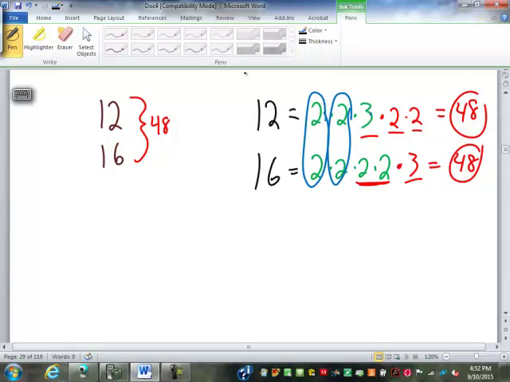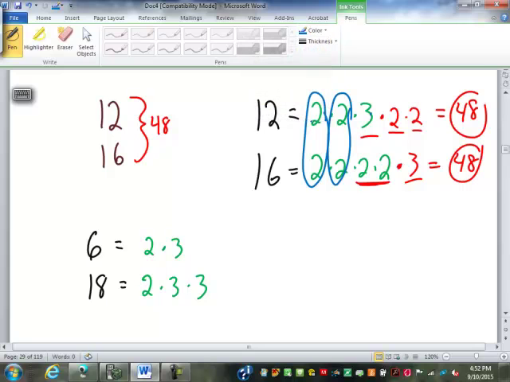Let me do some more examples of that. Let's look at 6 and 18. If I factor 6, I get 2 times 3. If I factor 18, I get 2 times 3 times 3.